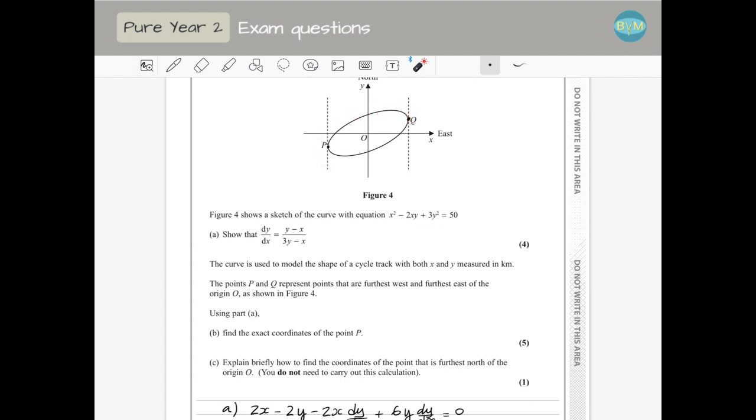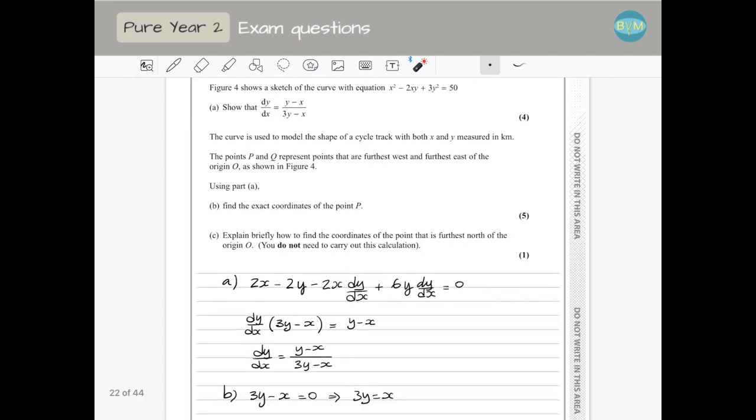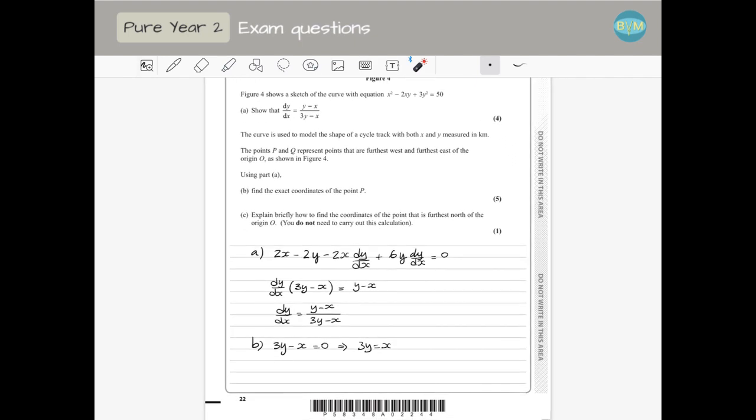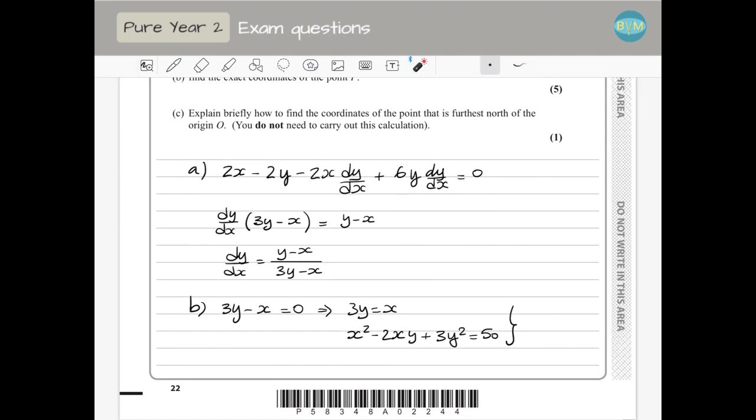I'm going to find 2 points of intersection. The one with negative x is going to be P. So I'm just going to do the intersection between that line, 3y equals x, and my function x squared plus 2xy plus 3y squared equals 50. I can substitute x here by 3y.